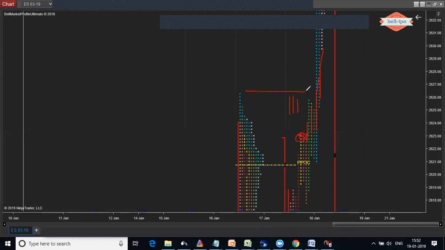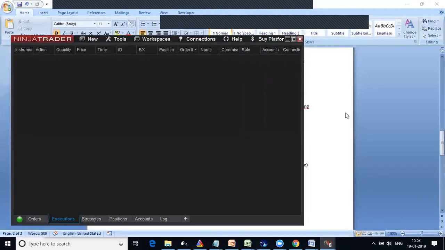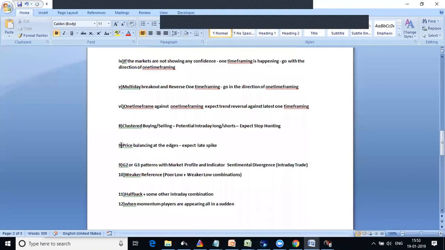It's going to break really fast, and when it breaks, it breaks really hard. So that information we call price balancing at the edges, expecting a late spike.